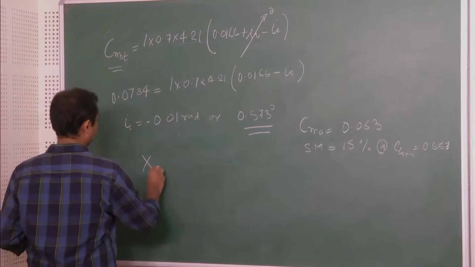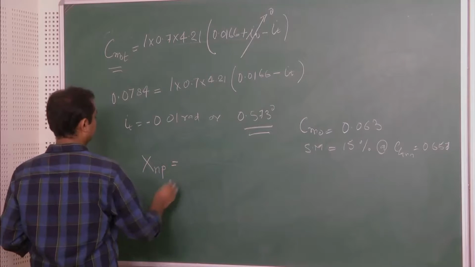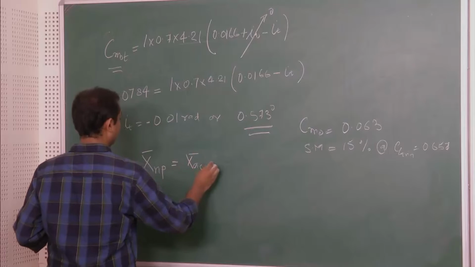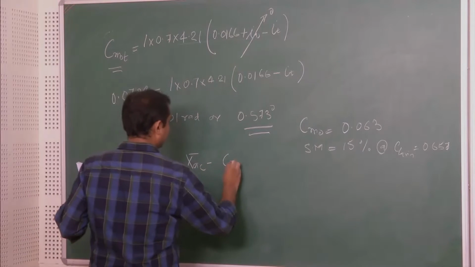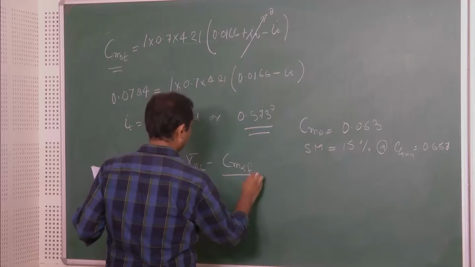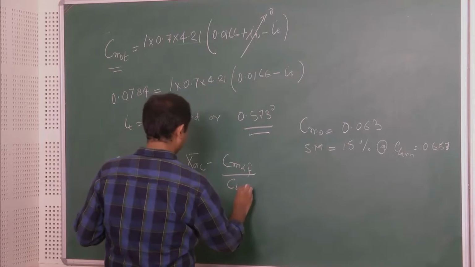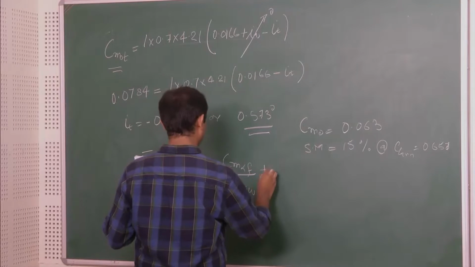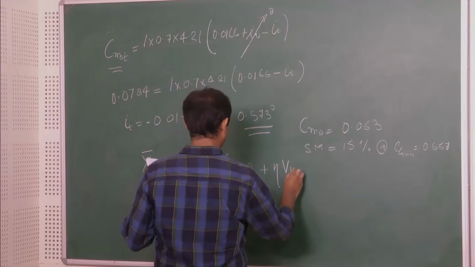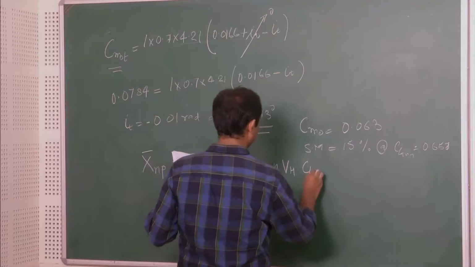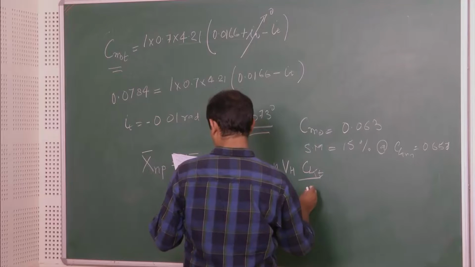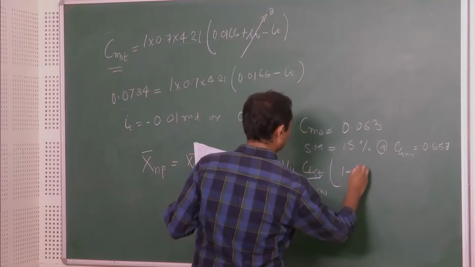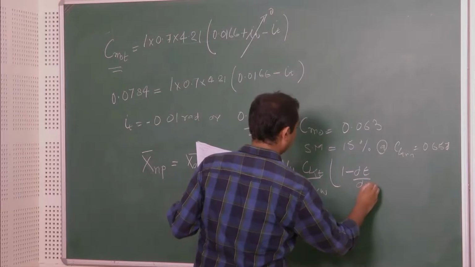So neutral point is given as X NP bar equals X AC bar minus Cm alpha of fuselage divided by Cm alpha of wing plus eta VH CL alpha of tail by CL alpha of wing into 1 minus d epsilon by d alpha.